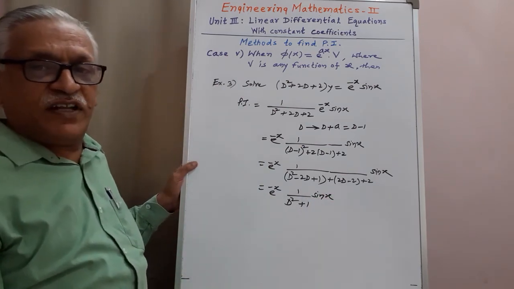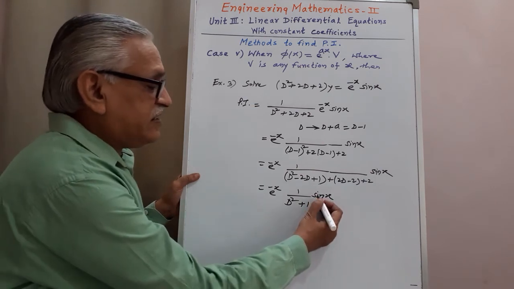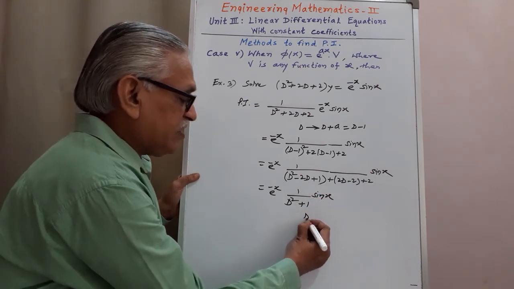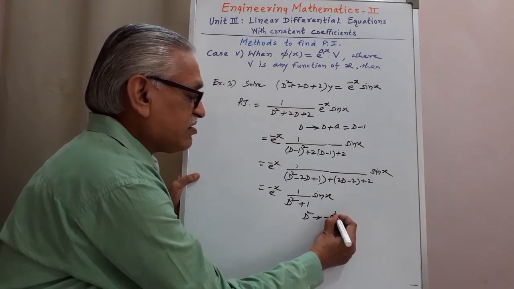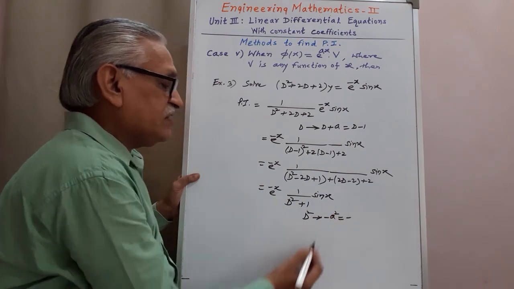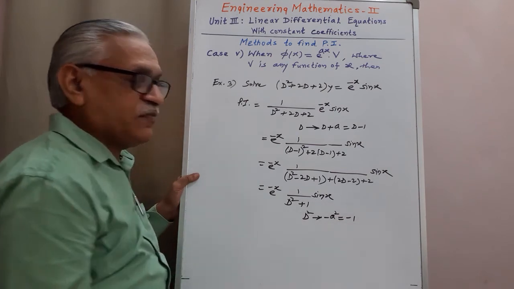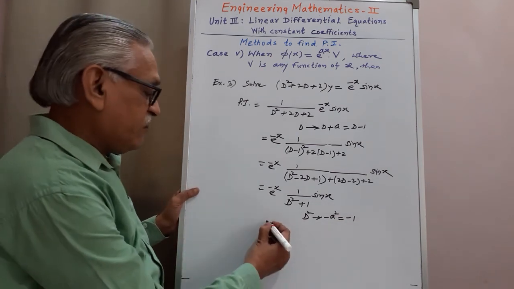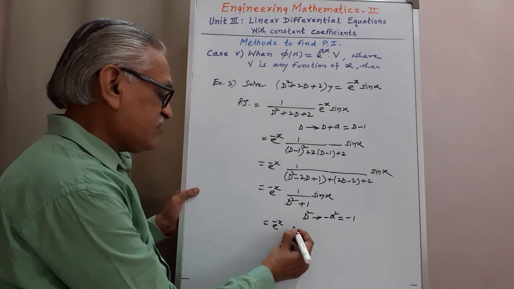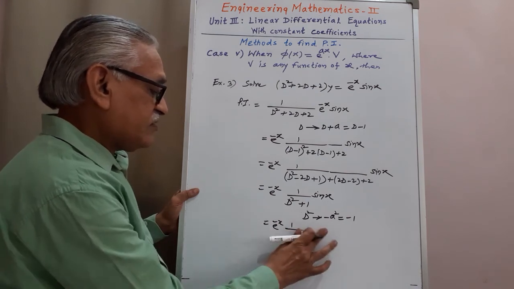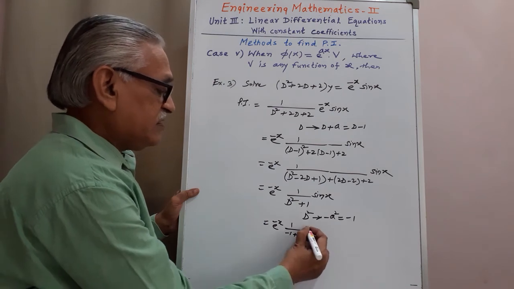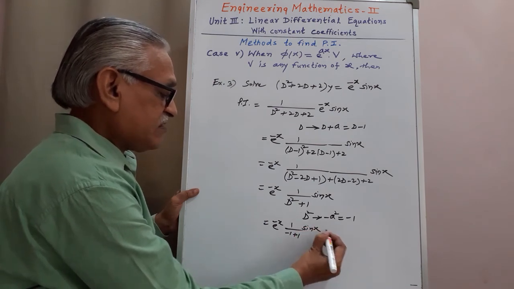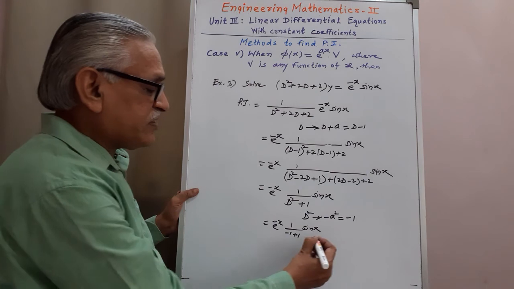Applying the technique of finding PI for sin of ax plus b, the rule is we have to replace D square by minus a square. Here a is 1, and 1 square is 1. Therefore, replacing D square by minus 1, we get e raised to minus x 1 upon minus 1 plus 1 into sin x. It becomes 0, which means the case fails.